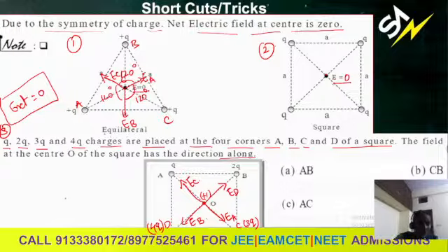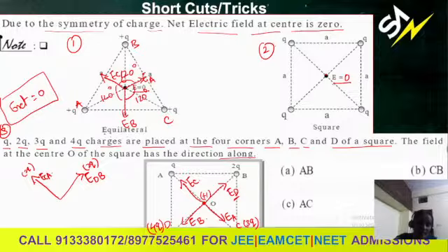So can we say the subtraction of EC and EA will be in the direction of EC. So EC minus EA will give you a magnitude of 2Q charge. And again EDB, because at corner D 4Q, at corner B 2Q, if you take the subtraction, finally the magnitude of charge we will get is 2Q only, and the resultant will be in the direction of ED because it is greater.